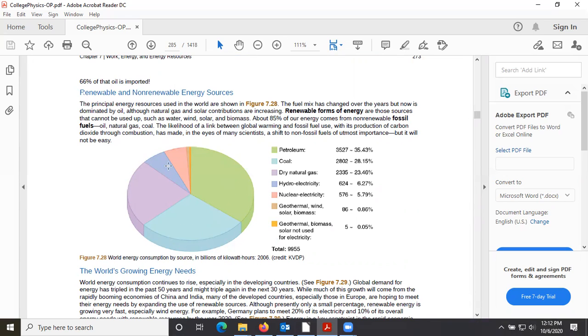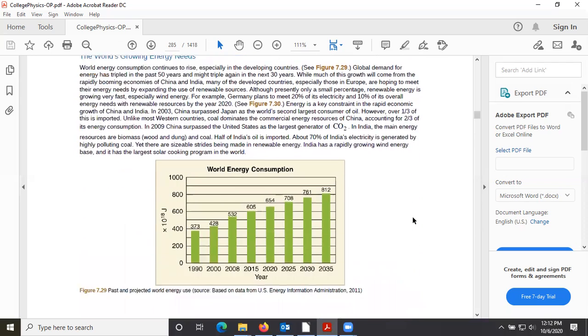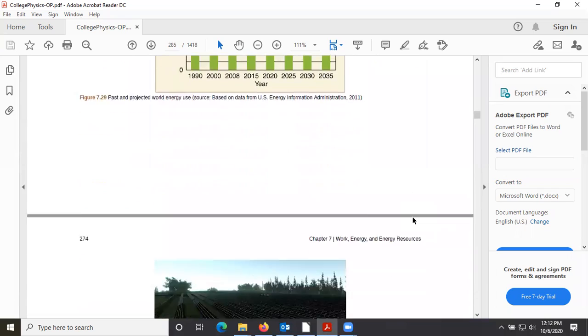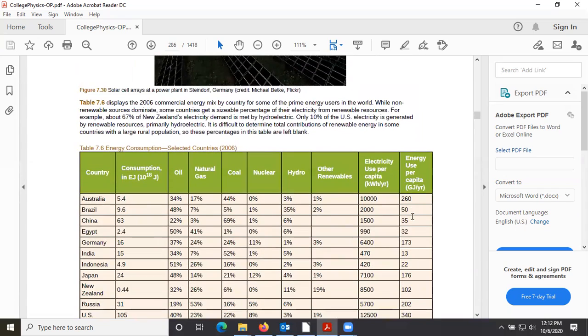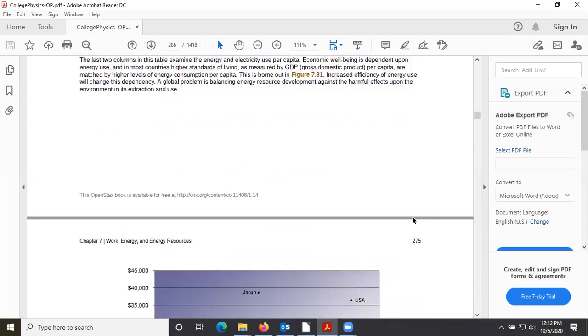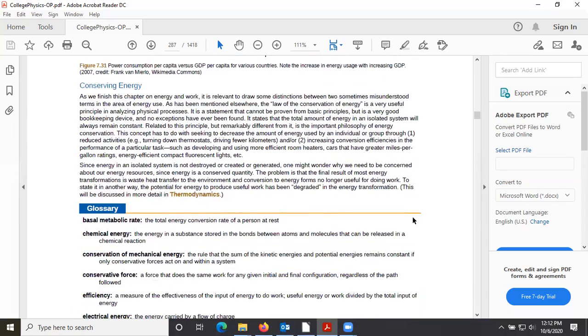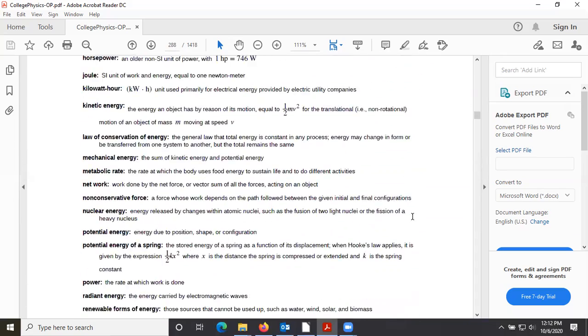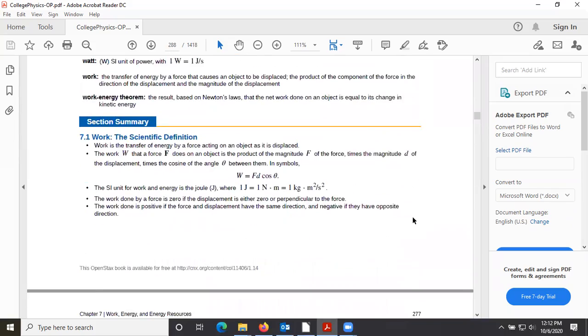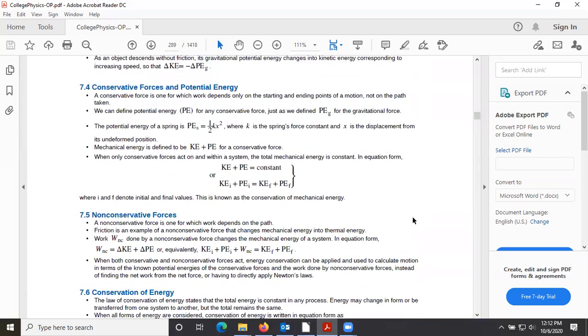And we've got this little bitty slivers of hydroelectric, nuclear, and geothermal, a little piece of the pie. And energy consumption in the solar fields. So that's going to be pretty much 7.